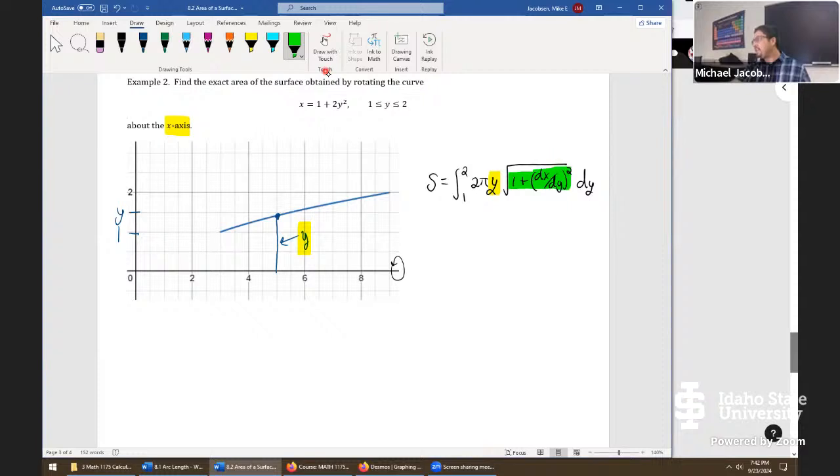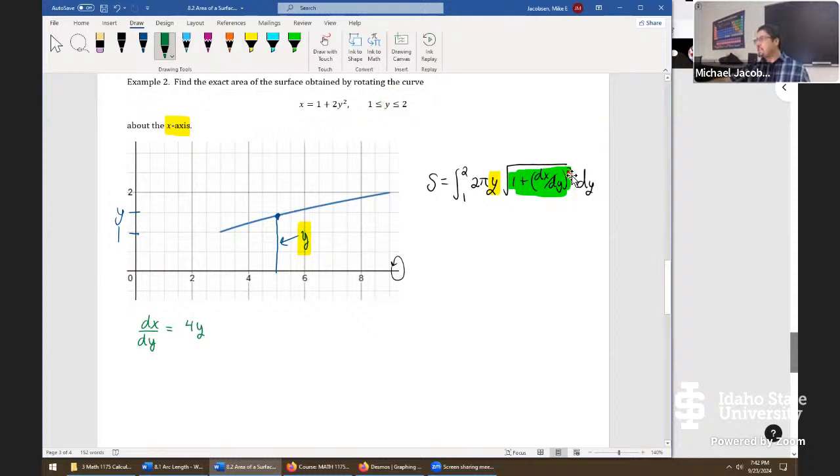We can start with finding this value here, like before. So let's start with dx dy. That's pretty quick. It's 1 plus 2y squared. So dx, derivative of the x function with respect to the y variable would give us 0 to start, plus 4y. So just 4y altogether.